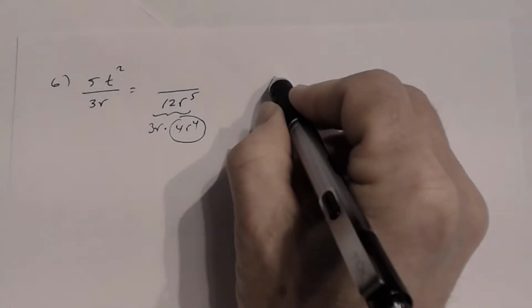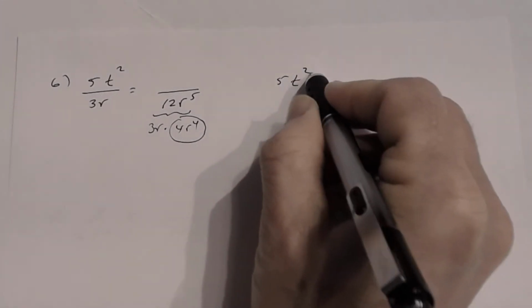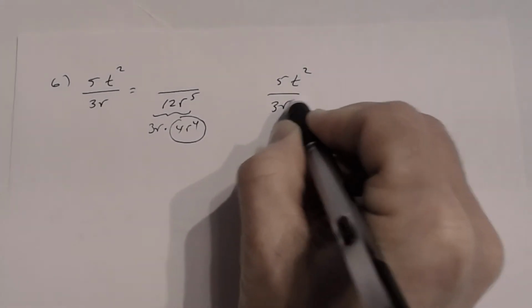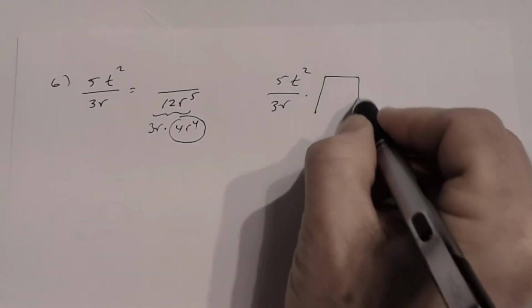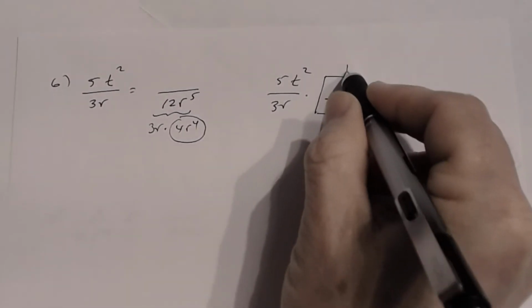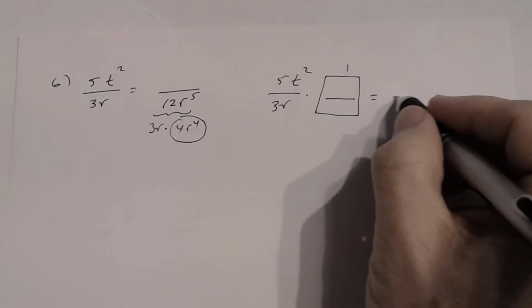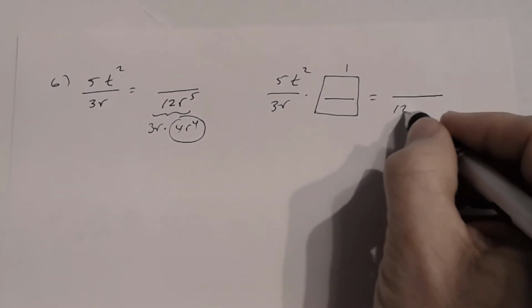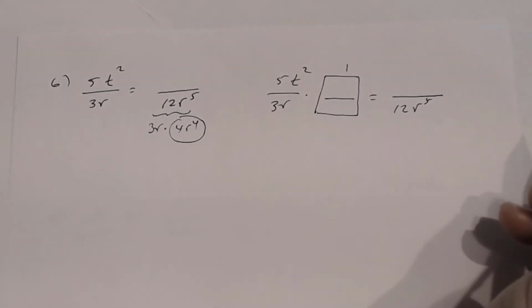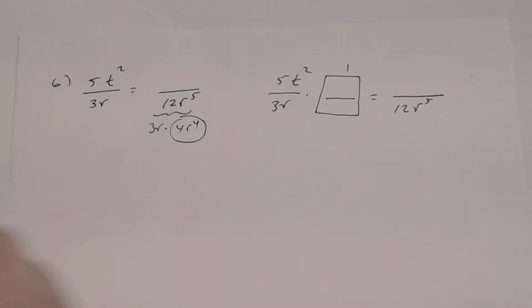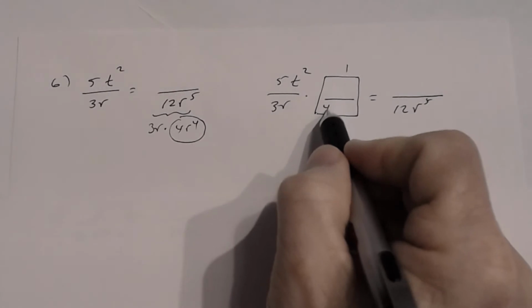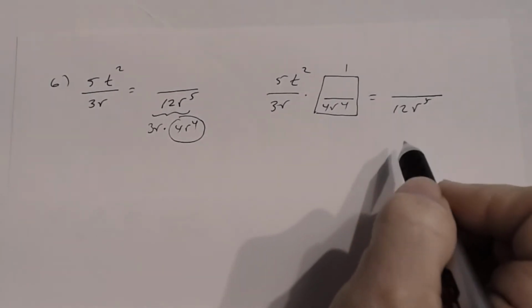So in my mind, I know that I have 5t squared divided by 3r, and I've got to multiply this by some fraction that's equal to 1 to get a denominator that is 12r to the 5th. Okay? So 3r times 4r to the 4th will give me 12r to the 5th.